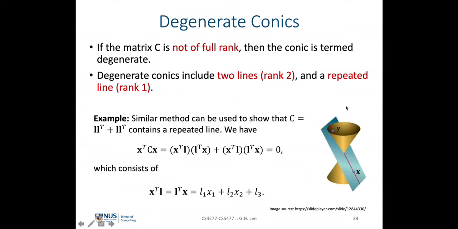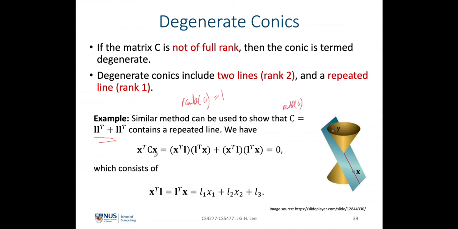And in the second case, if the rank of the conic matrix C equals 1, then the conic is actually a repeated line which overlaps itself, the same line, given by this case over here. So L transpose L plus L transpose is going to give me a repeated line, with the rank of C equal to 1.